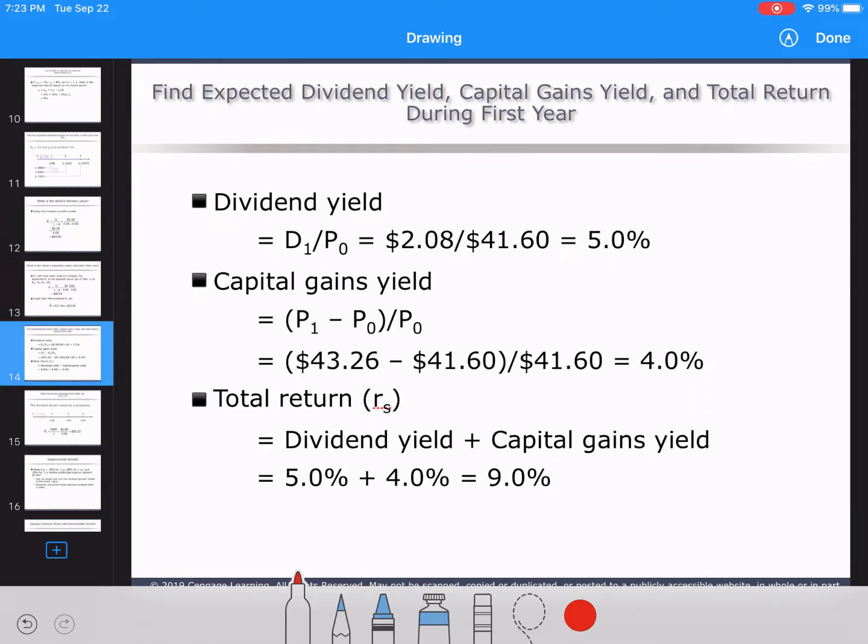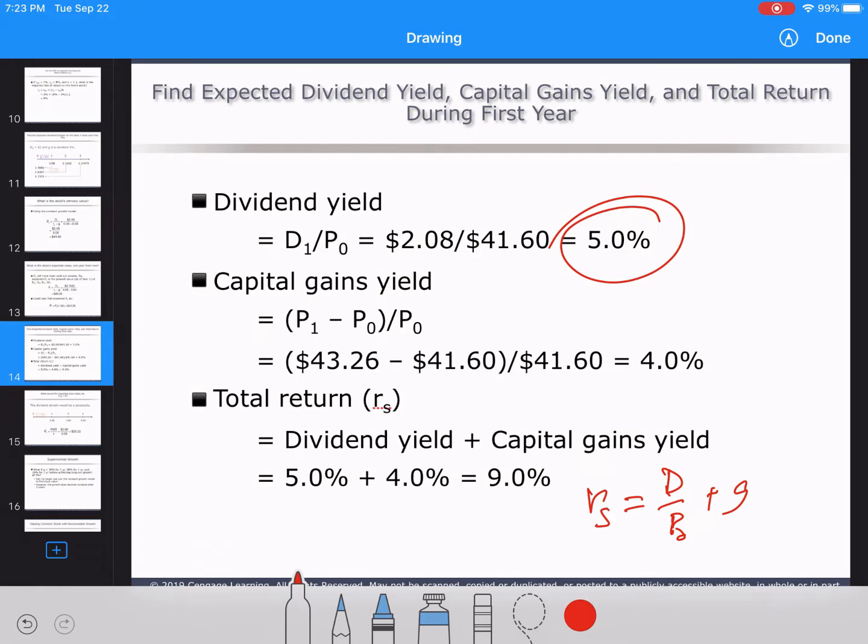Now, we can find out a return. That means r sub s has two returns, which is dividend yield plus capital gain. So you take the dividend yield, which is this one, 5%, and then you take the capital gains.